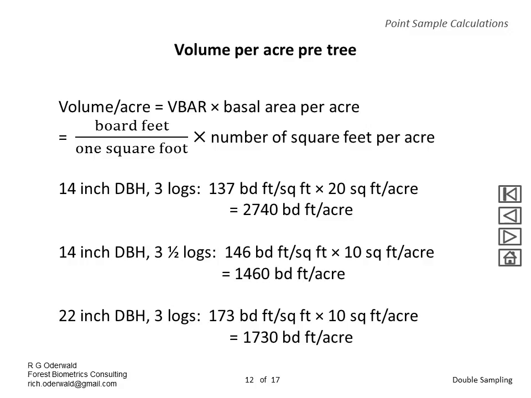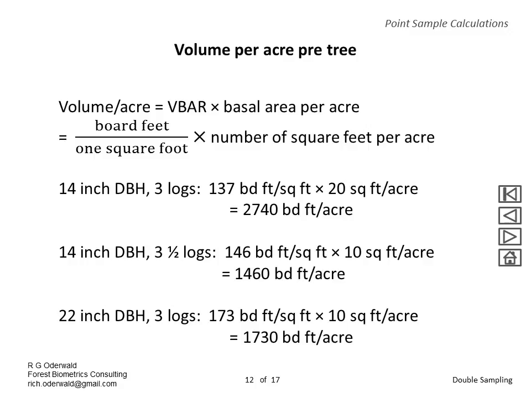The 2 14-inch 3-log trees have a V-bar of 137 board feet per square foot and 20 square feet of basal area per acre. The volume per acre for this tree is 2,740 board feet.